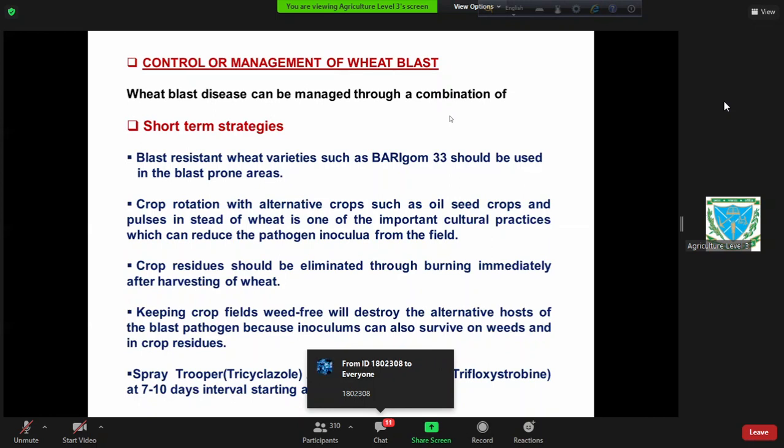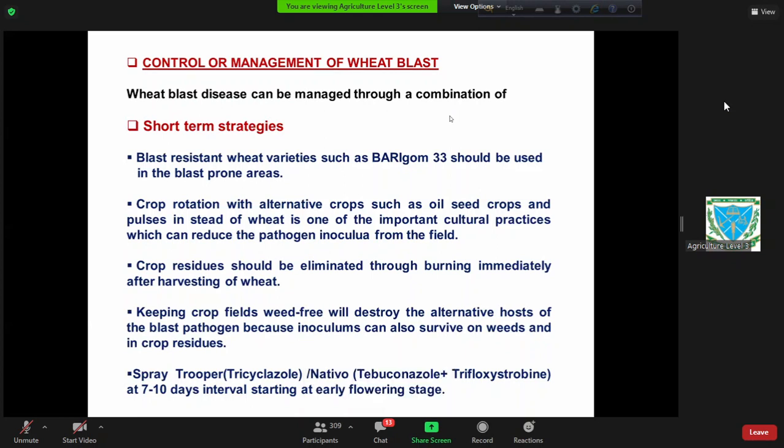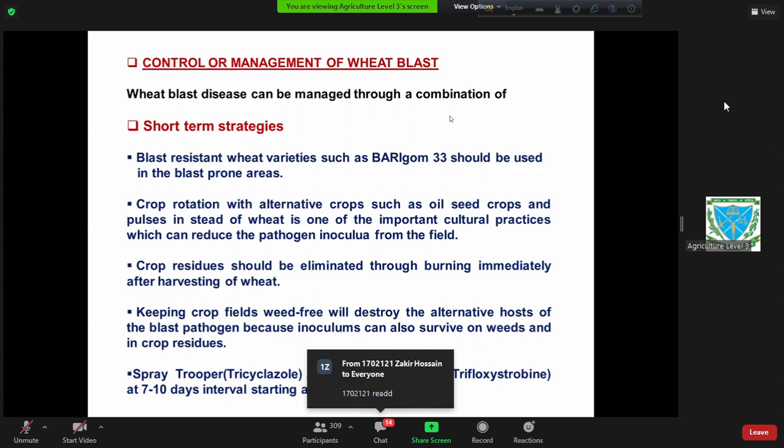BWMRI, the Bangladesh Wheat and Maize Research Institute, after 2016 tried and released a variety, Bari Gom 33. This Bari Gom 33 is a blast tolerant variety. So you can suggest that growers grow Bari Gom 33 in blast prone areas, especially Meherpur, Kushtia, Jhenaidah, Barishal, Bhola, Pabna, Jashore, and so on.